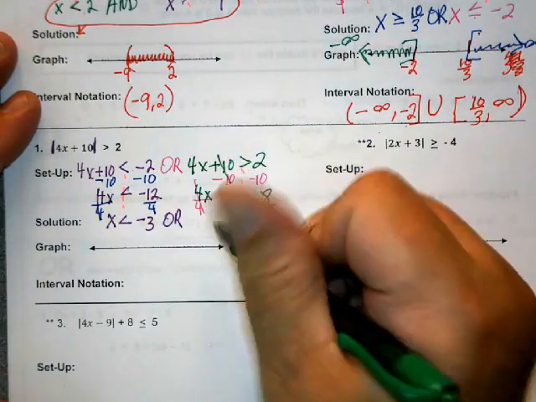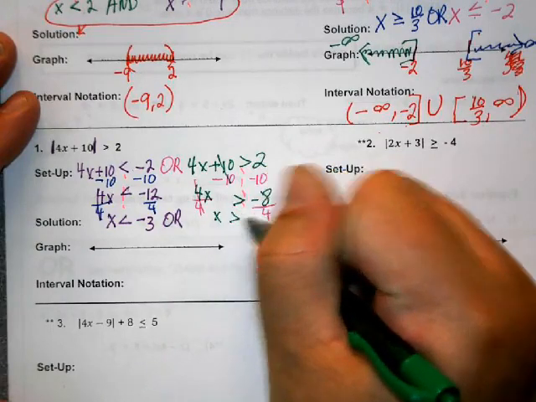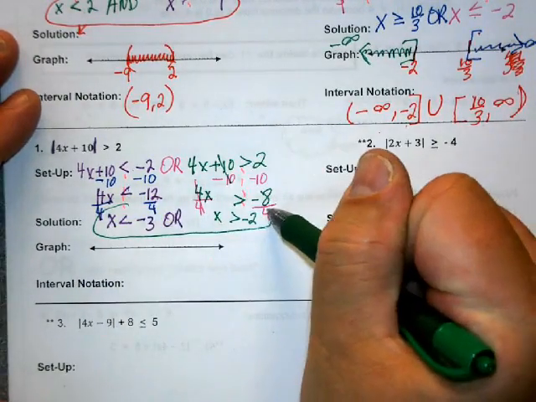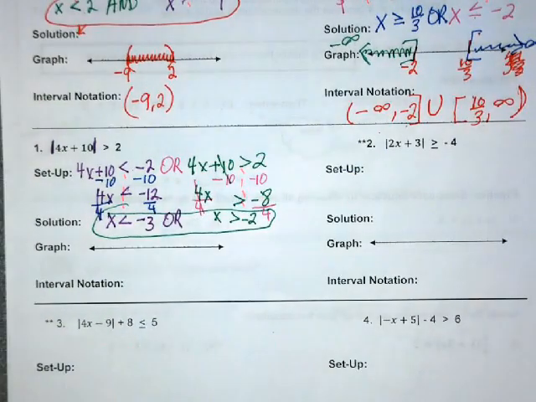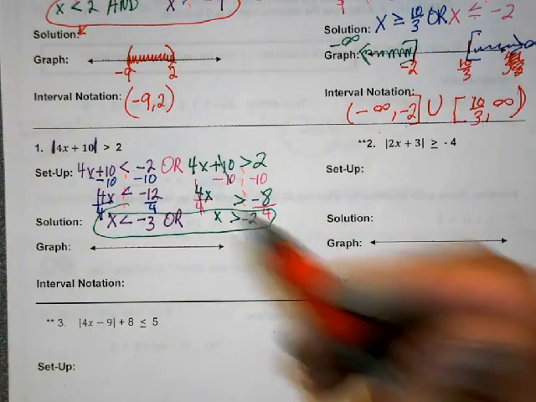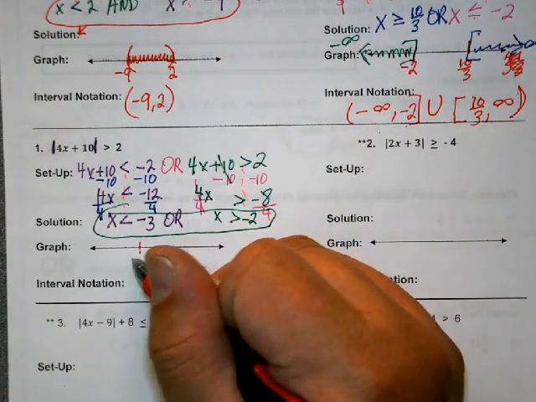So here's my solution. Graph it. The smaller number is negative 3. The larger number is negative 2.